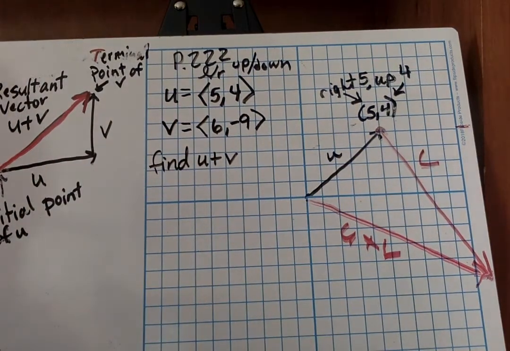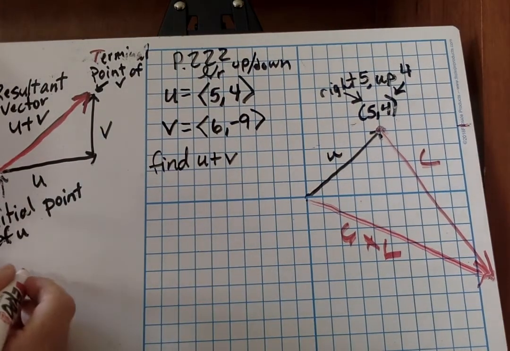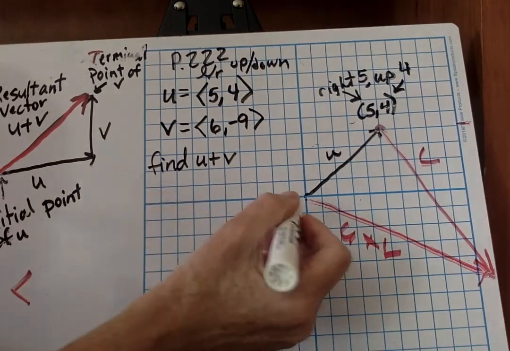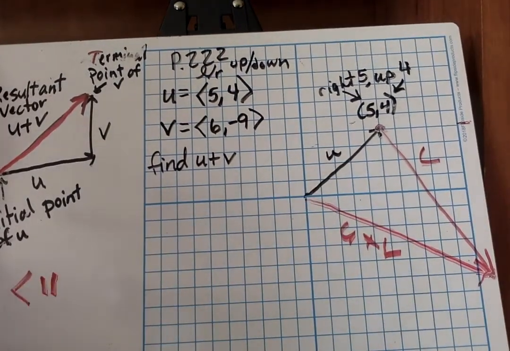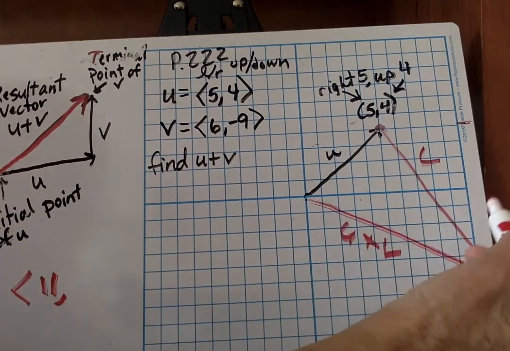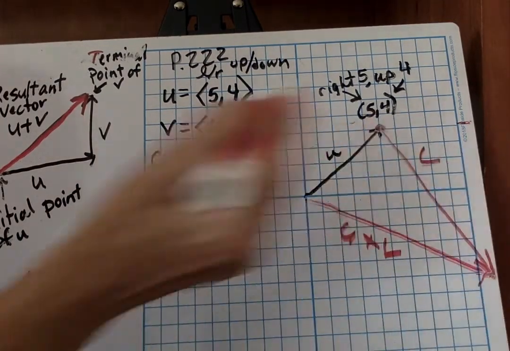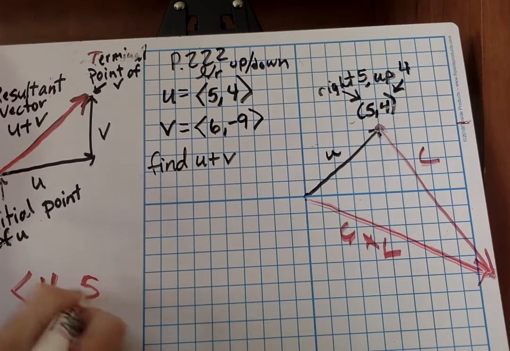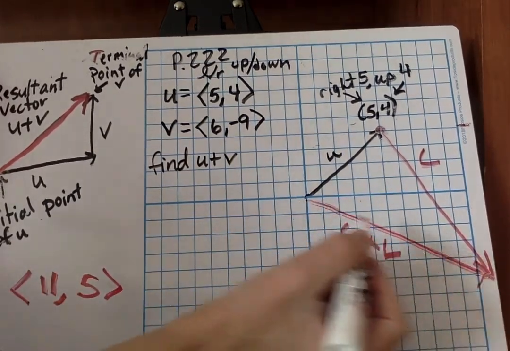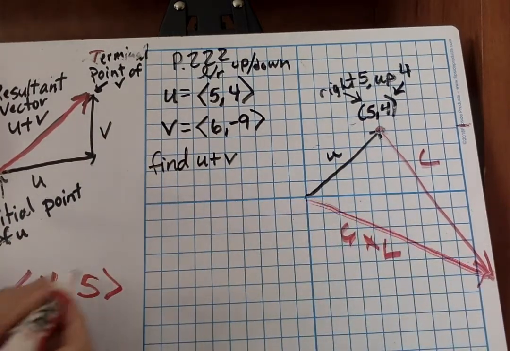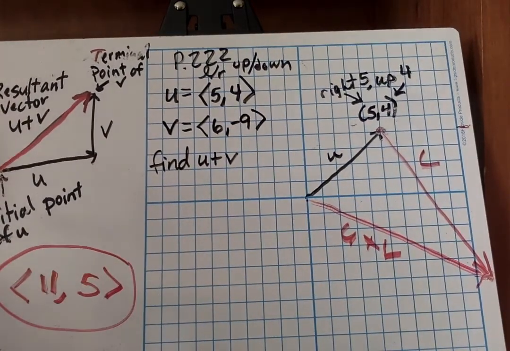The solution to that would be 10, so 1 more is 11, comma, and then how far down? 1, 2, 3, 4, 5. So again, graphically, U plus V is this, and numerically, U plus V is this. Okay, so that's page 222.